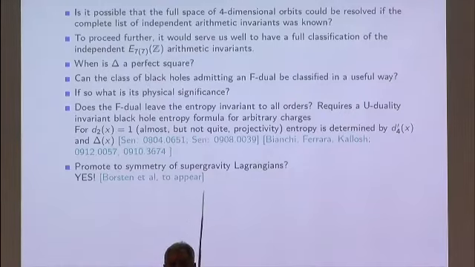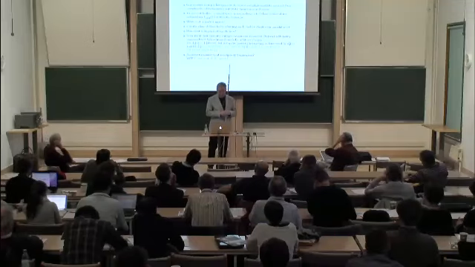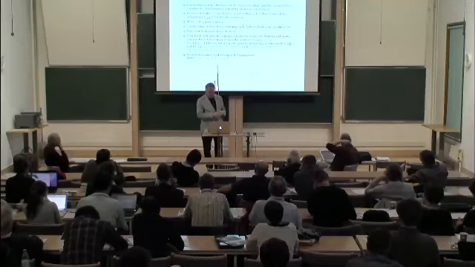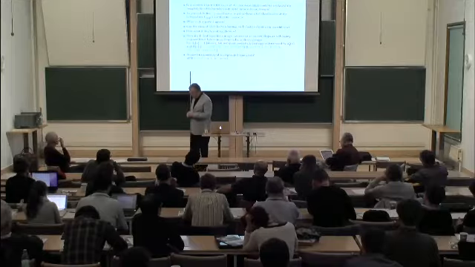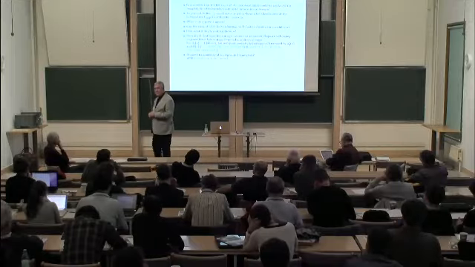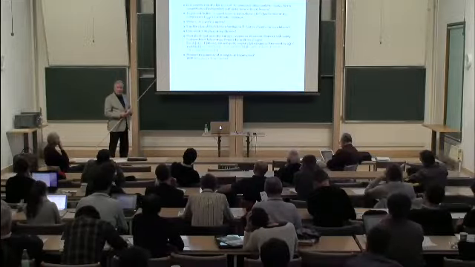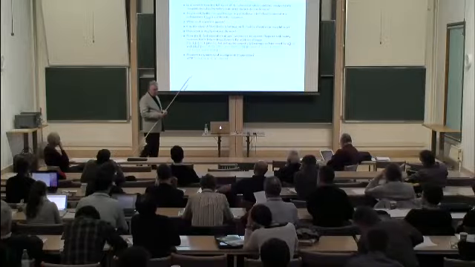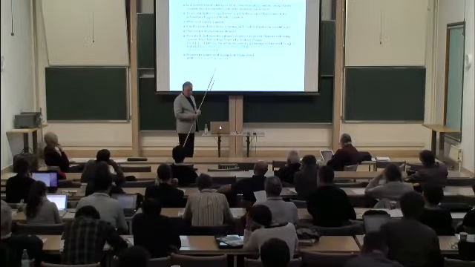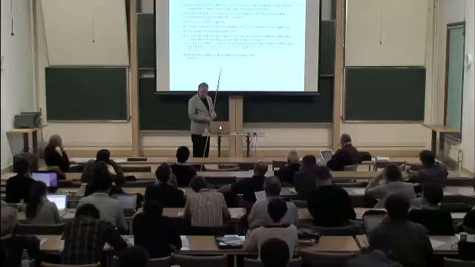Well, was it not a symmetry of the Lagrangian you started with? At first we thought the answer was no, but we've just done some recent work with Ferrara and Marrani, which suggests that, defined in the right way, it is a symmetry, a previously unnoticed symmetry of supergravity. So perhaps if we understand that better, we'll understand the black hole one better as well.